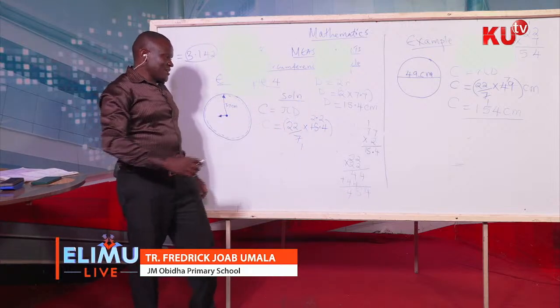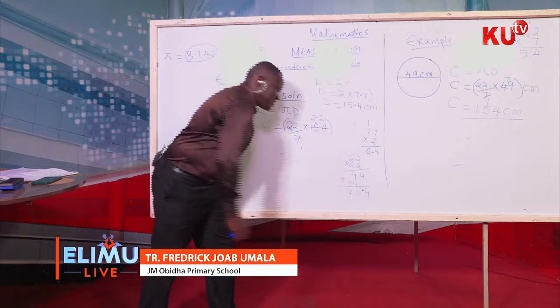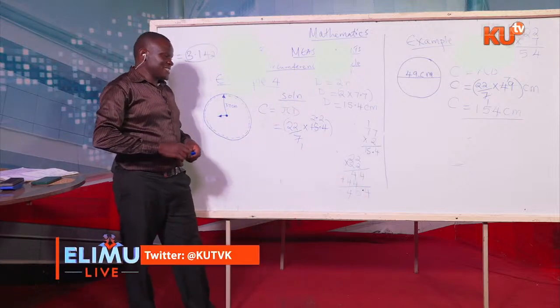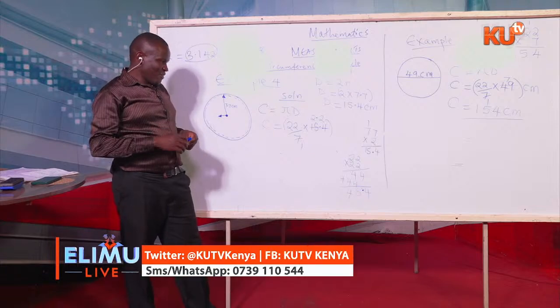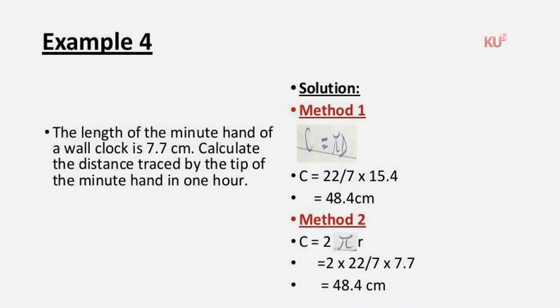We introduce our decimal point. There we are. So we shall have 48.4 centimeters as our circumference. So that is one method of calculating the circumference.